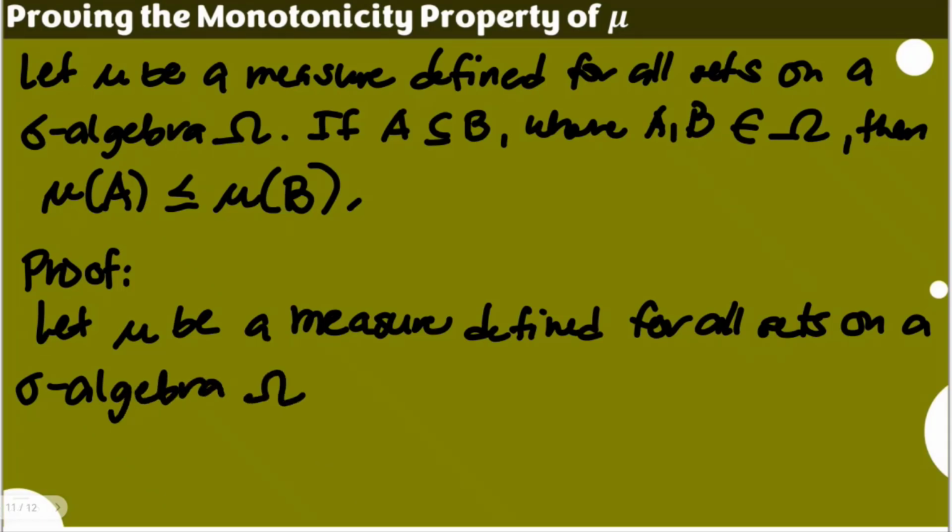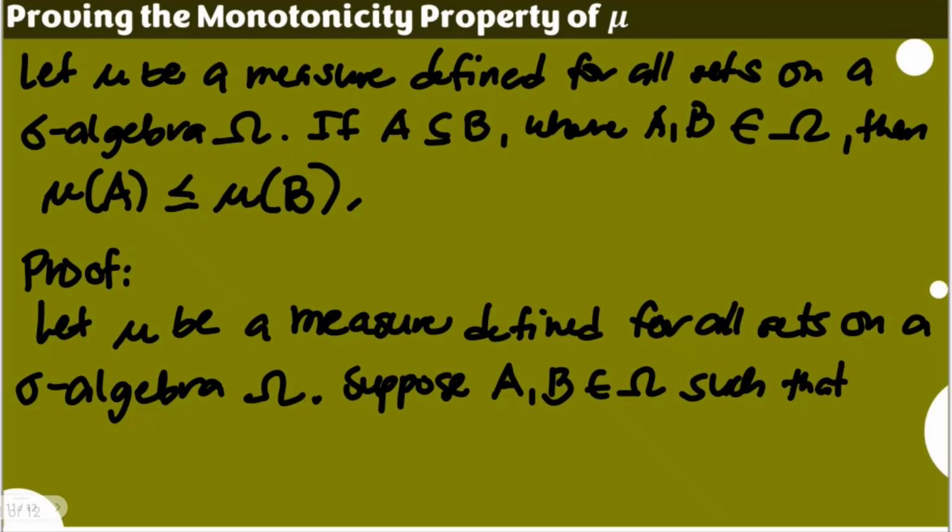Then suppose we introduce sets A and B, elements of our omega, such that A is a subset of B. So the entire assumptions are already presented here, and what we're going to show is that this is really true. Let me change the color of my pen just for the item we are going to prove. Hopefully you could arrive at it here.